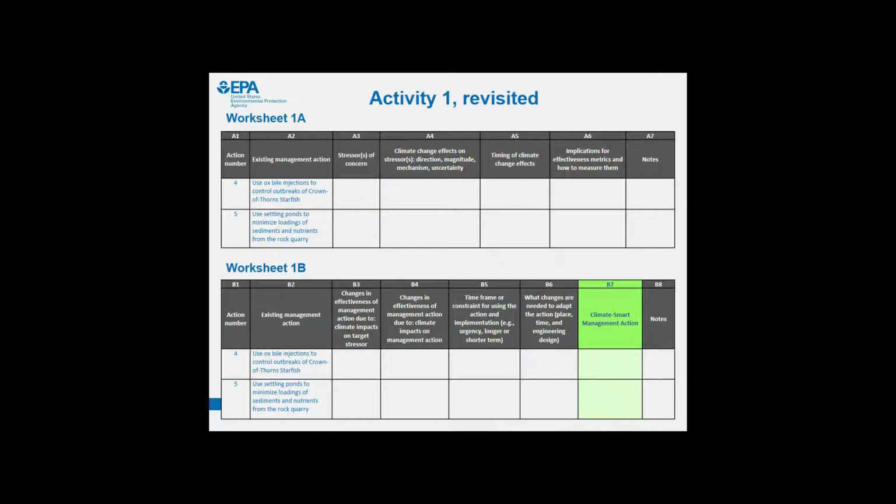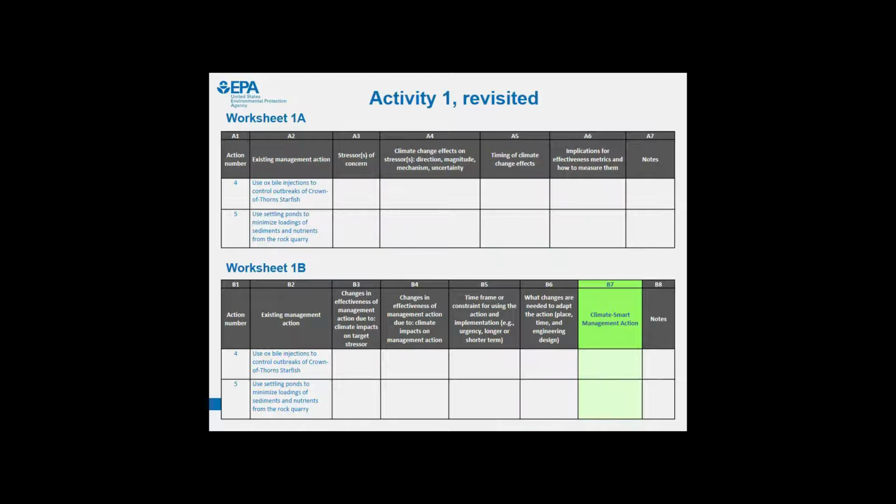So Kim, we didn't require that the actions be completely run through, although that's what you would ultimately want to do. So what are some of the ways that you can imagine either the ox bile injections or the settling ponds would be affected, either through the effects on their stressors or directly by climate change?